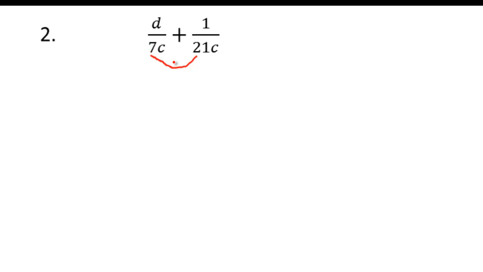Which is now going to be 7 and 21. It's 21, because 21 will go in 21 and 7 will go in 21. That is 21. What is the LCM of c and c? Is c. That means the LCM of 7c and 21c is 21c. Are you getting it now?